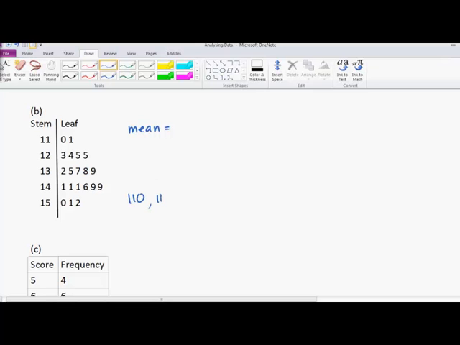My second score is 111, third score is 123, and so on. So when you're putting those into your calculator, just remember to put in all 3 digits as the number. Alright, so let's do that. Okay, so after putting all of those into my calculator, I get a total of 2,719.